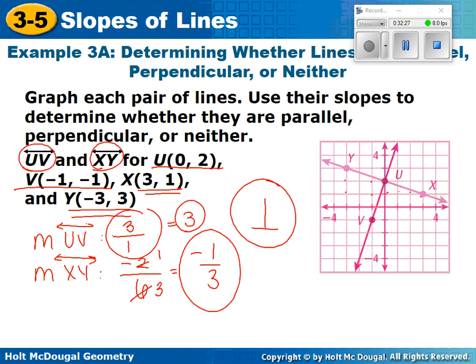Okay, last thing, back to our parallel and perpendicular lines. We said that parallel lines are going to have the same slope, perpendicular lines are going to have opposite reciprocal slope. The only thing we didn't talk about is two lines that have the same slope and the same y-intercept.